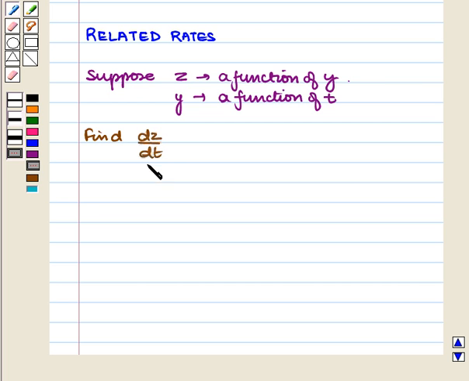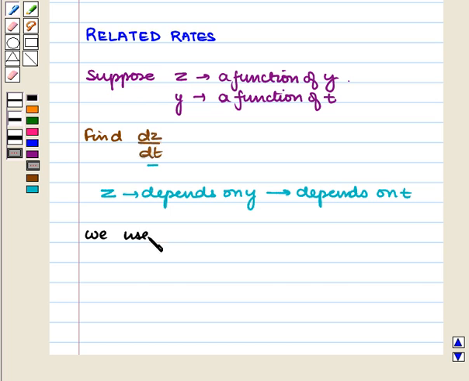So for this, we cannot directly differentiate z with respect to t because z depends on y and y depends on t. So here we use chain rule.